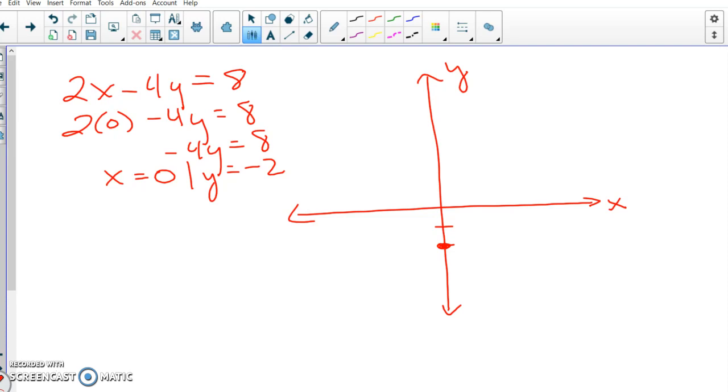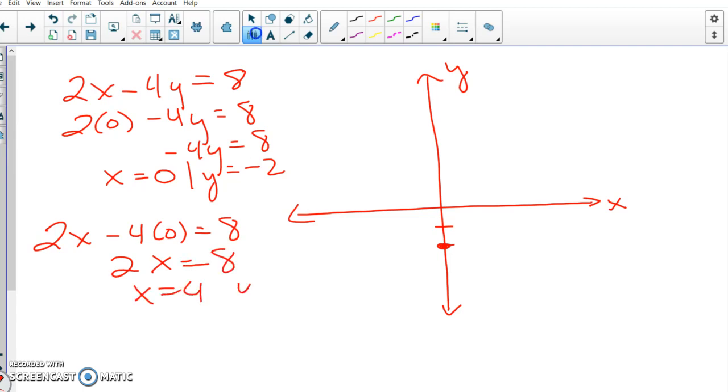I do the same thing, and I allow y to equal 0, and I solve for x. 2x equals 8. x equals 4 when y equals 0. I bent it a little bit there. That's okay. So that's the quickest way we can actually graph a linear function.